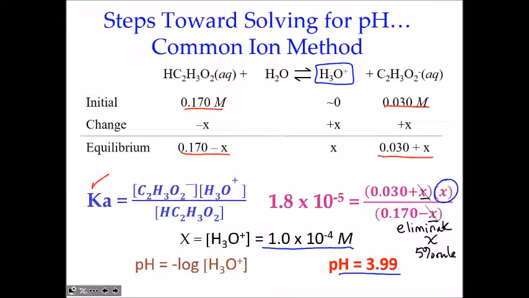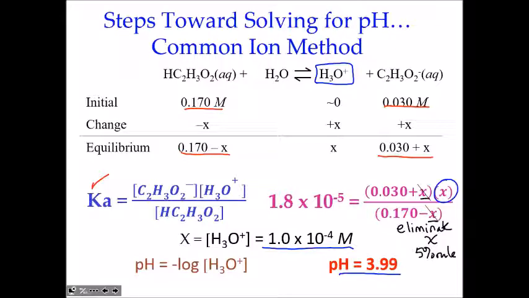So keep that in mind. You can do it this way. This way, though, as you can see, has a lot more work to setting it up. So the second you recognize you have both components, the acid and its conjugate, or the base and its conjugate, in solution, then it's a buffer.